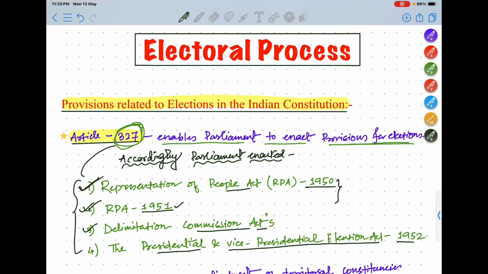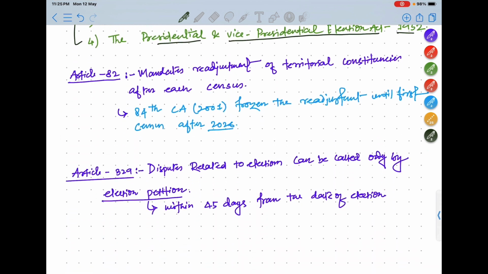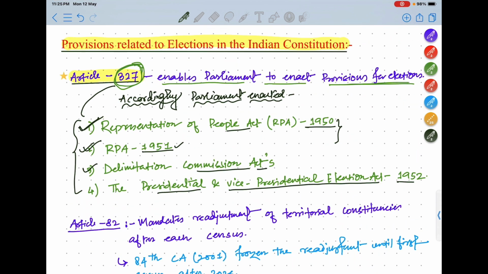Next, we are studying provisions related to elections in the Indian Constitution. Article 327 allows Parliament to enact provisions related to elections. Then what is Article 82? Article 82 also plays an important role in the Indian Constitution for elections.